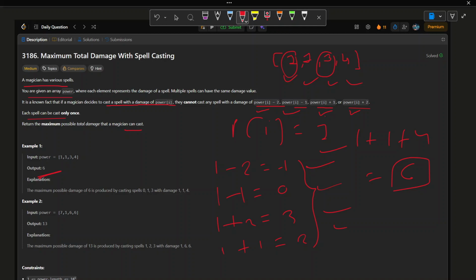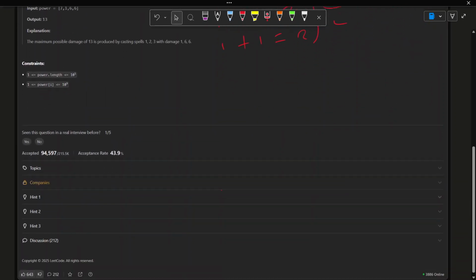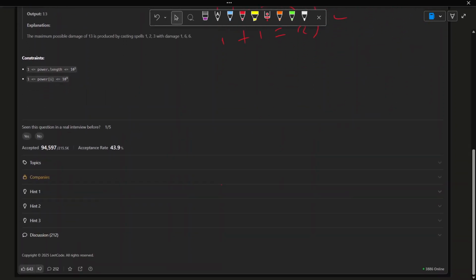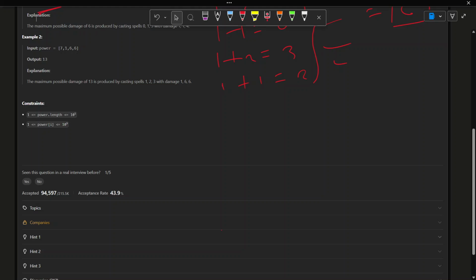Let's move forward with the second example: 7 1 6 6. Here we are considering 6.